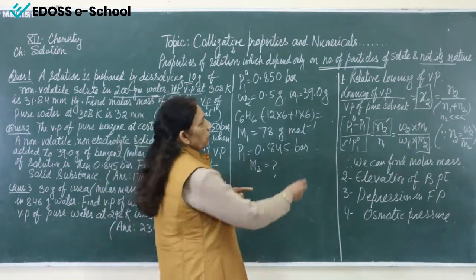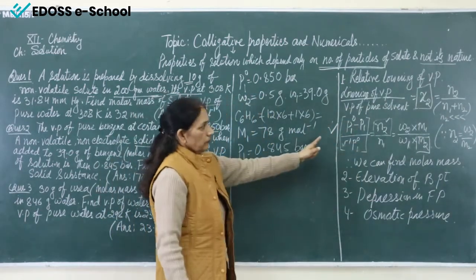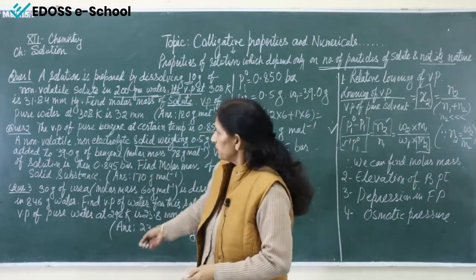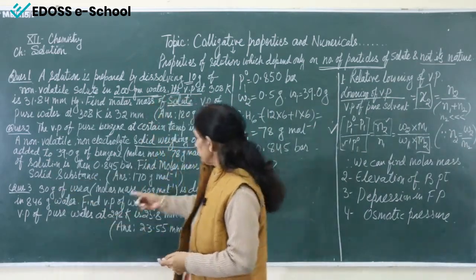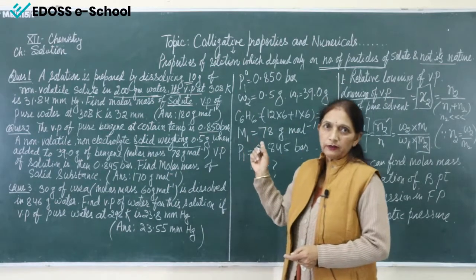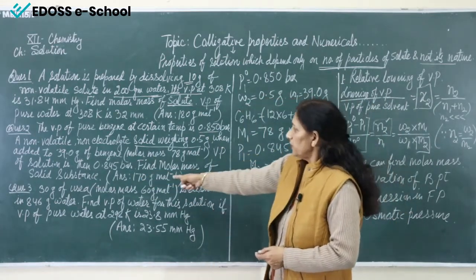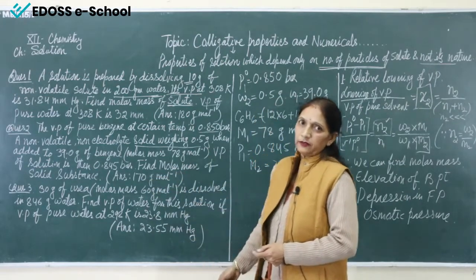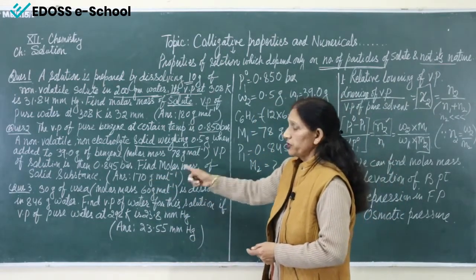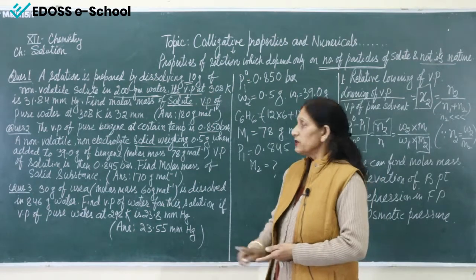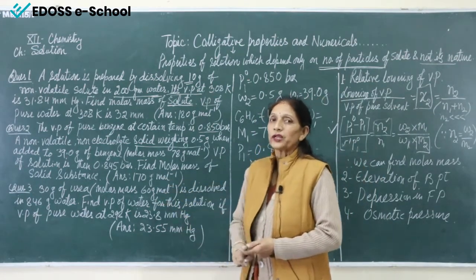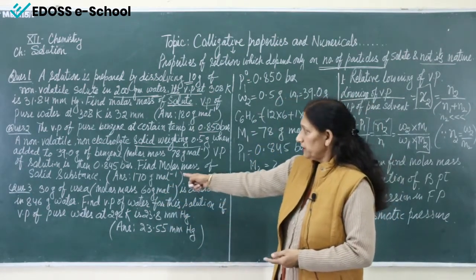This formula you have to put. Now coming to the third question. The answer is given here. You can calculate it and if your calculations are right, then your answer will also come right. 170 gram per mole. Remember, molar mass is always gram per mole, so don't forget to write its unit.